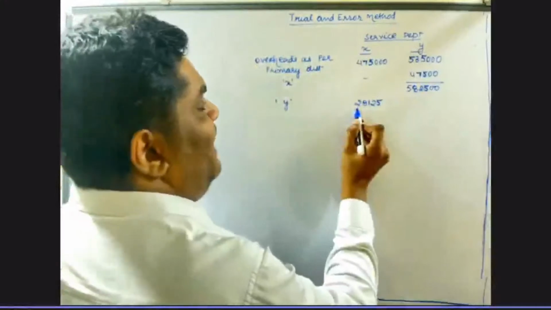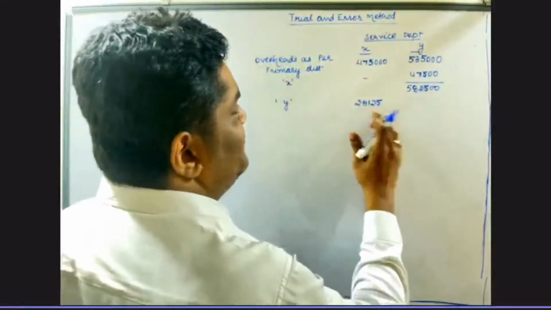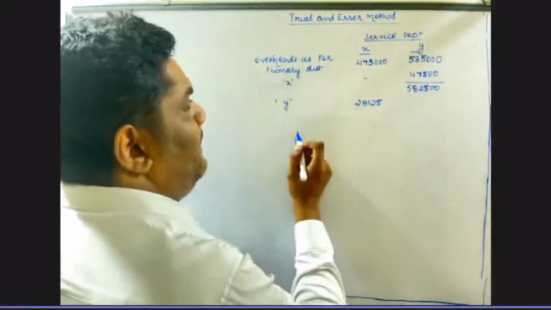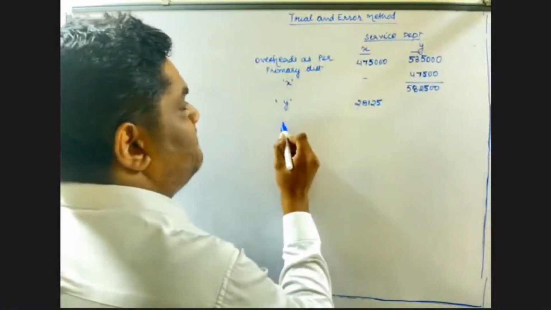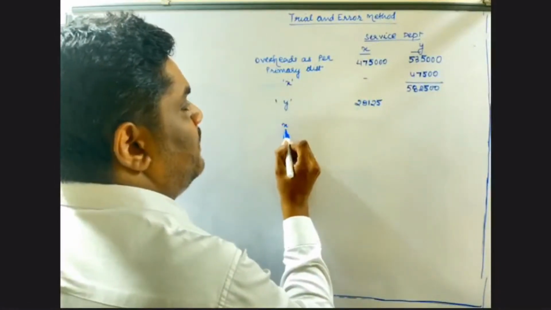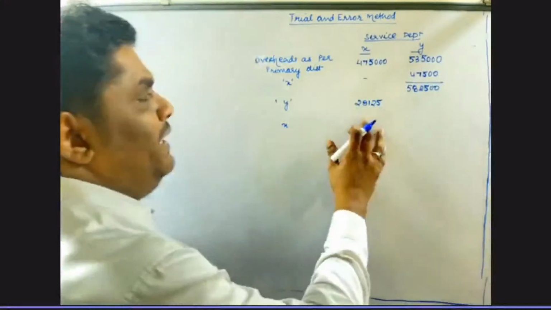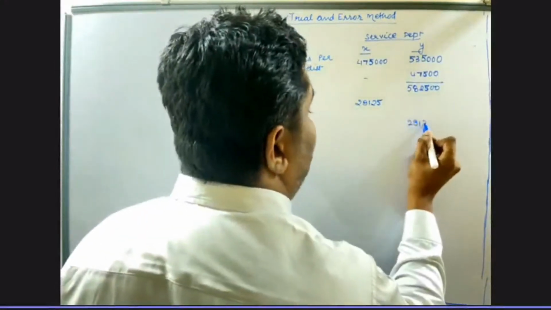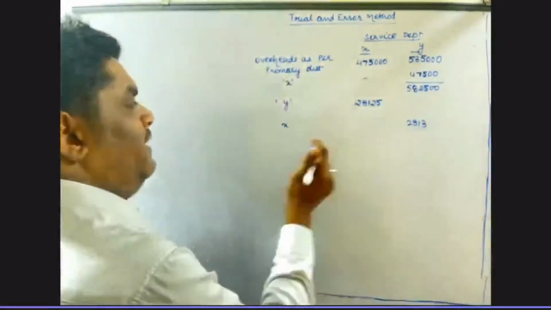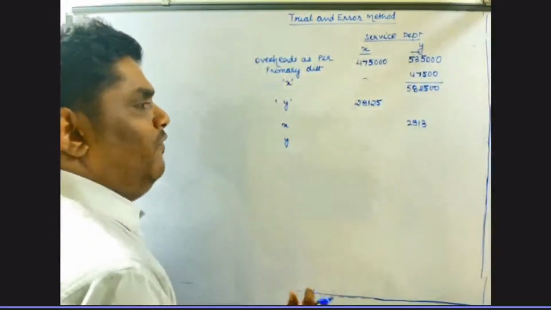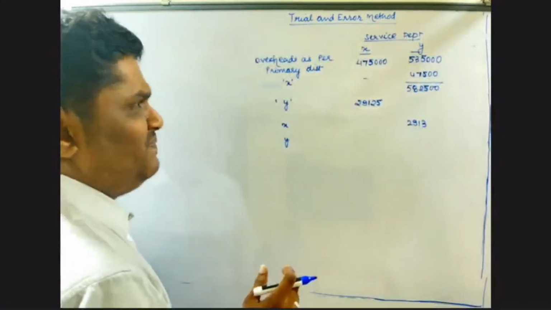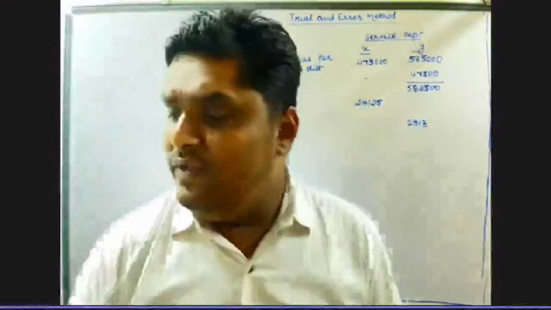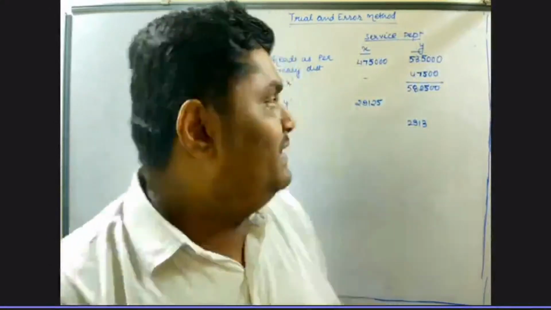Now 29,125 are the overheads of X that will be distributed to Y. So of 29,125, 10% belongs to Y. So this will be 2,913. Again, Y of Y, 2,913 is the overheads of Y that will again be distributed to X. That is 5%.